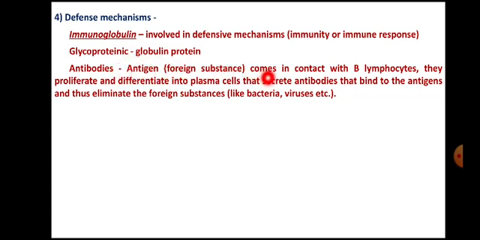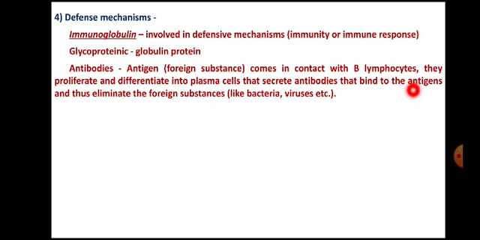When an antigen comes in contact with B lymphocytes, these B lymphocytes proliferate and differentiate into plasma cells, and then these plasma cells secrete antibodies, that is immunoglobulins. These immunoglobulins bind to antigens, and the binding of antibodies to antigens is called a neutralization reaction.